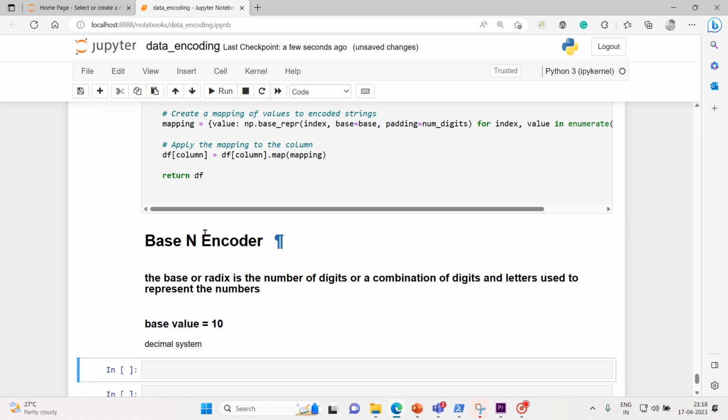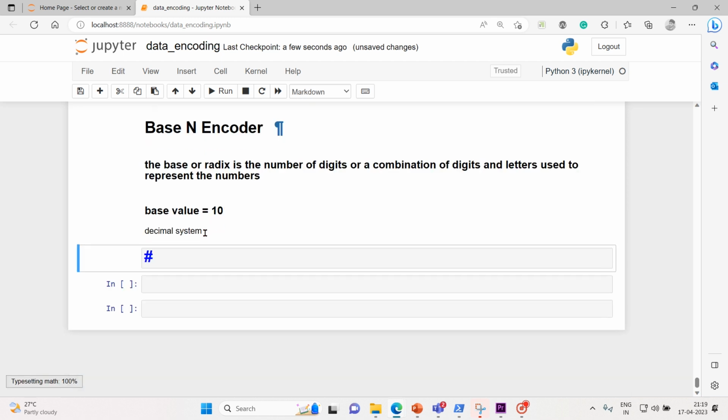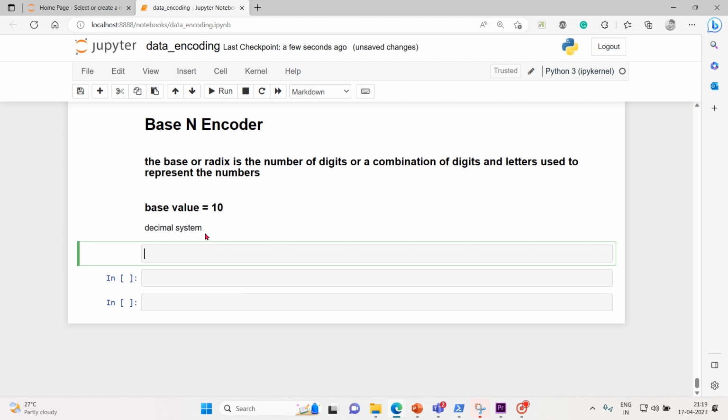We use 10 unique digits in this, which are 0, 1, 2, 3, 4, 5, 6, 7, 8, 9.